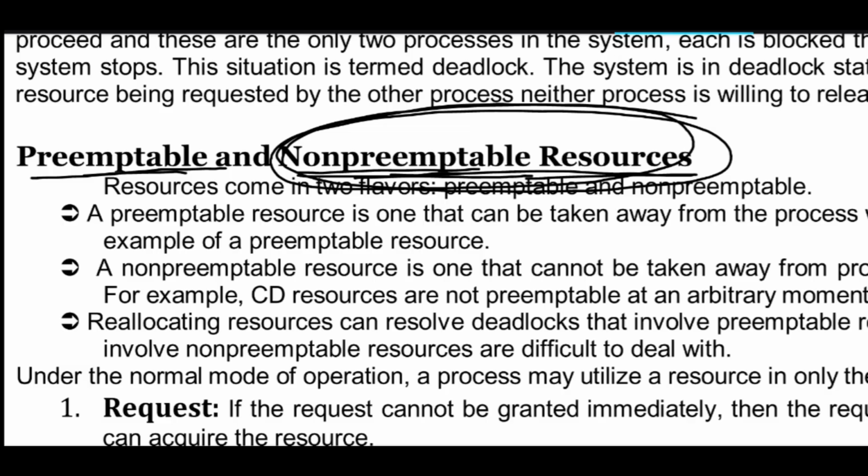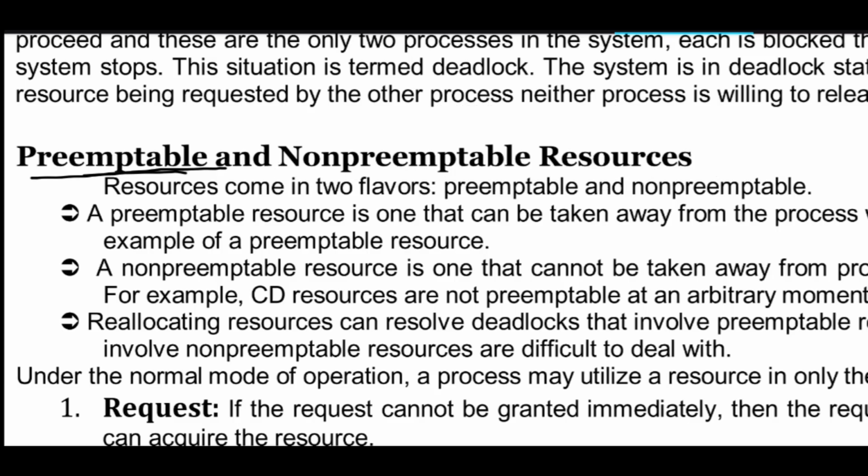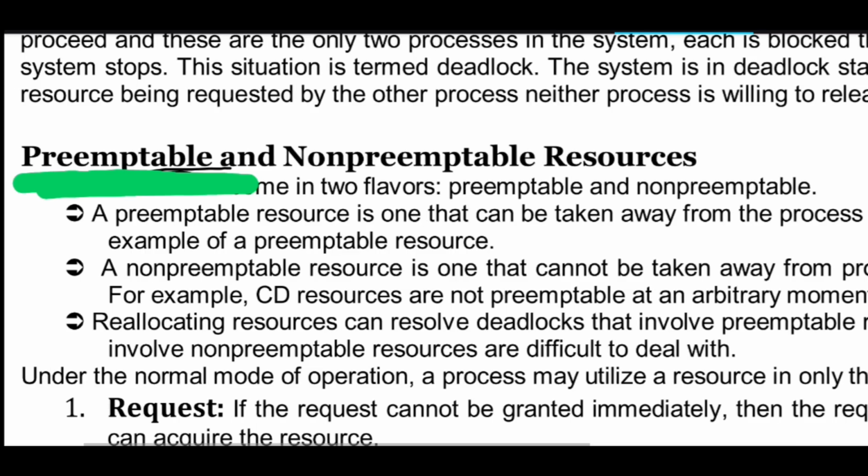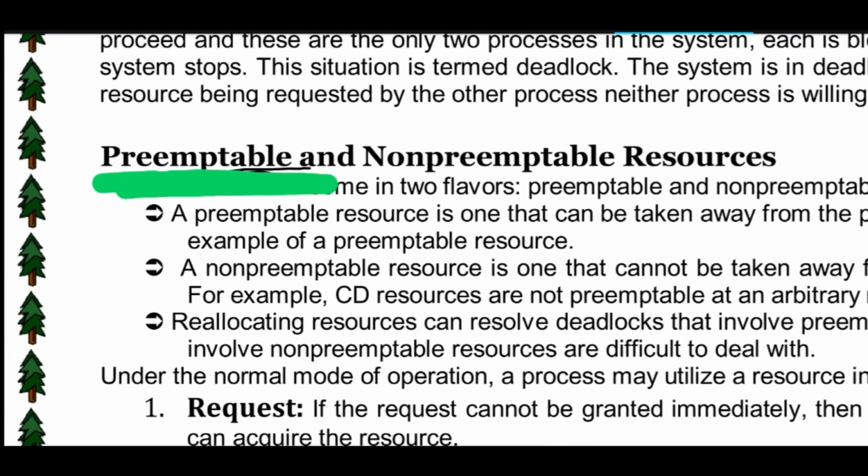These resources can't be forced out. If we can take out the resources forcibly from a process, that is preemptive. Say there is a process P1 with some resources, and if we take the resources forcibly from the process, then this type of resource is called a preemptible resource. Okay, this is clear.